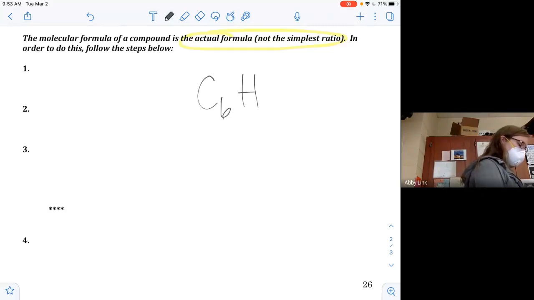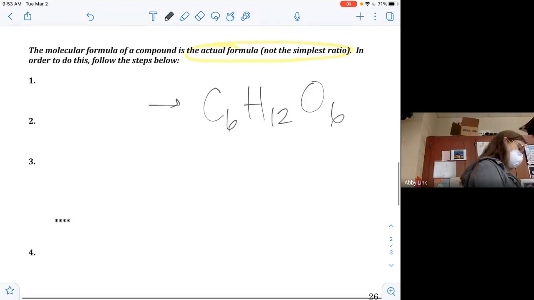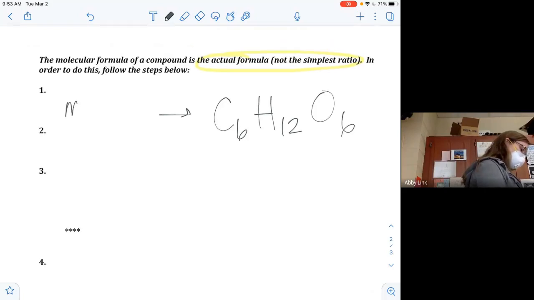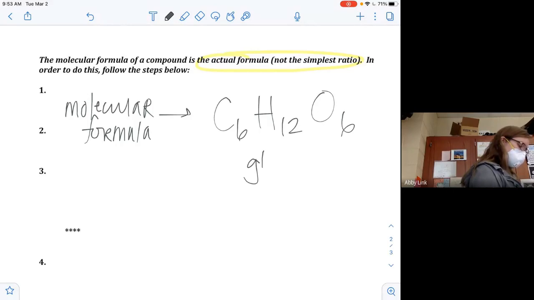So C6H12O6, we've actually talked about this before. This is glucose. This is the molecular formula for glucose.